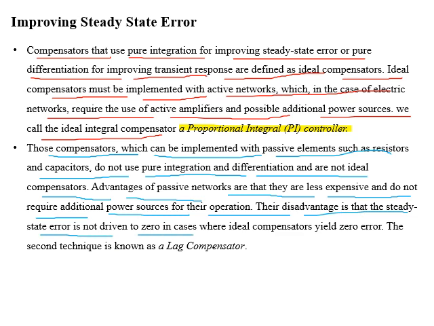Their disadvantage is that steady-state error is not driven to zero, whereas with an ideal compensator we can achieve zero steady-state error by improving the type of the system. The controller which uses passive networks for improving steady-state error is known as a lag compensator or lag controller.